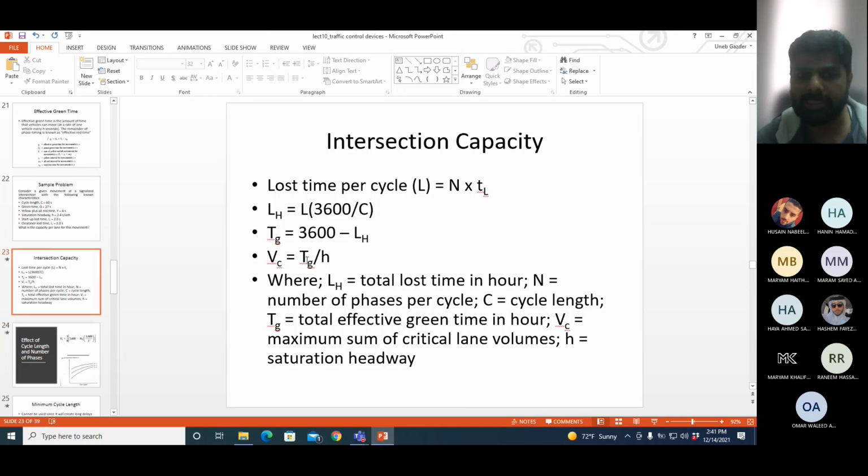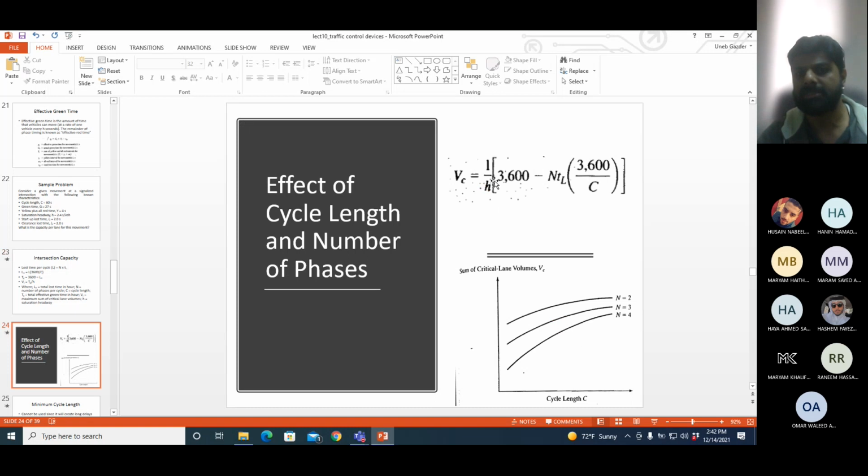I started from here, put the value of TG, then the value of LH, and then L. So in the equation of TG, I have combined all these other equations. The final equation is this: H is saturation headway, N is number of phases, TL is lost time per phase, capital C is the cycle length.